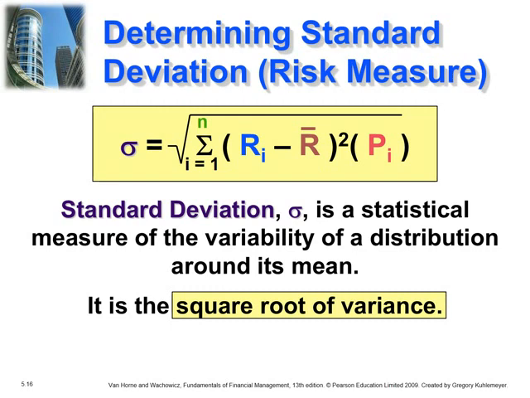The formula is sigma equals the square root of the summation from i equals 1 to n of (Ri minus R bar) squared multiplied by Pi. Ri are all the possible returns of the stock or asset, R bar is the expected return of that asset, and Pi are all the probabilities related to the different possibilities. We will apply this in the next example.